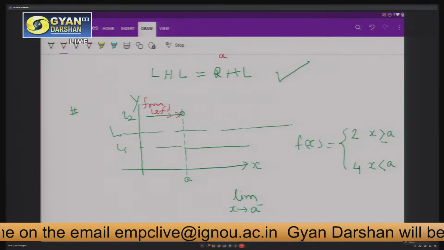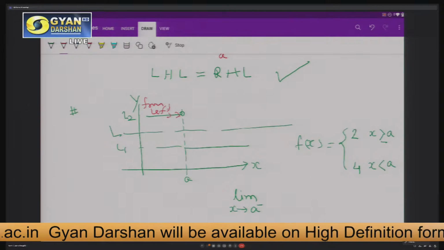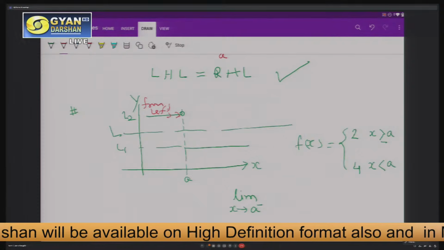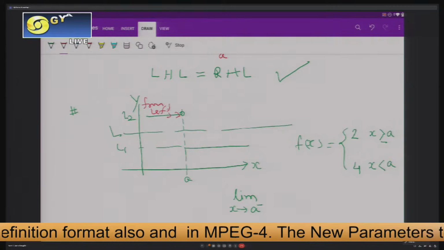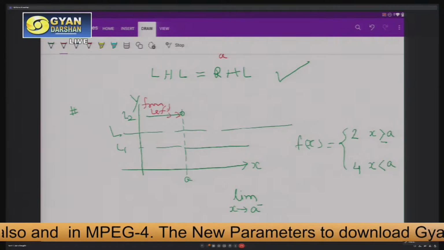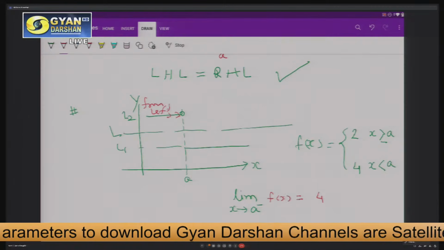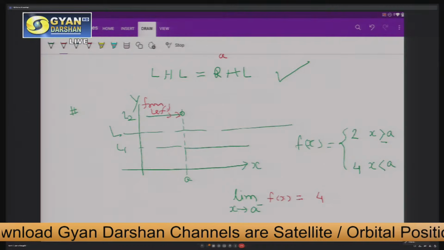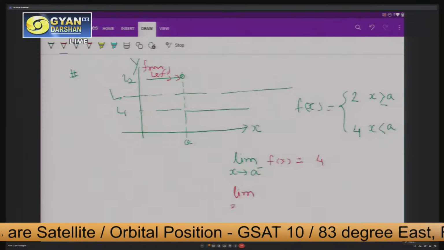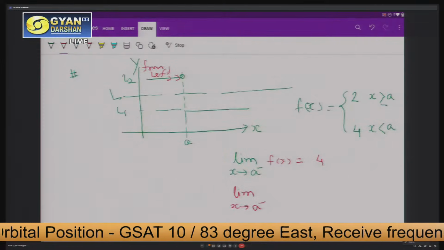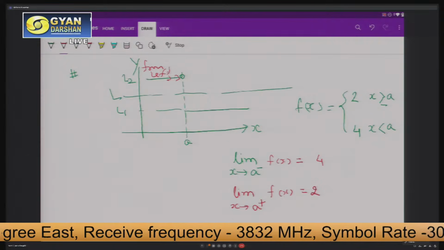So left means it has a value 4 when x is less than a. f(x) is equal to 4, and when x approaches from right, f(x) is equal to 2.